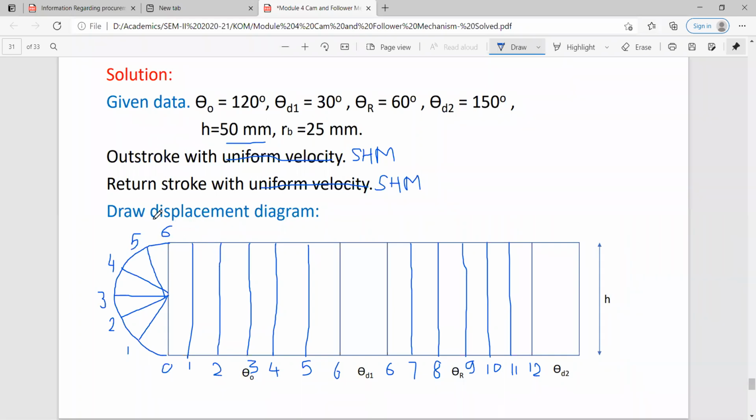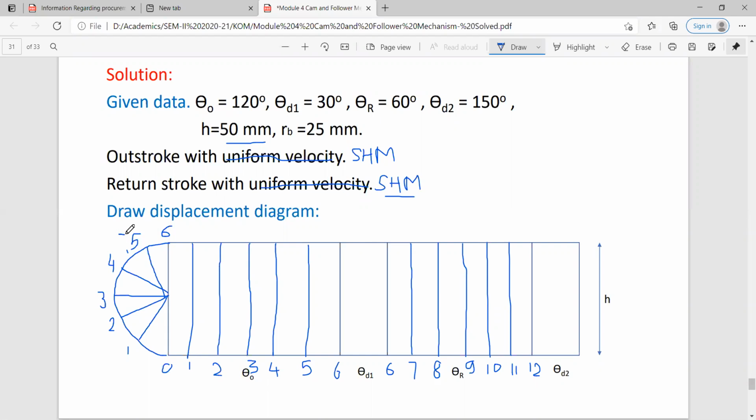Now in our case you will find that even in the return stroke there is simple harmonic motion. So for the return stroke also we have to draw the same semicircle, but as it is a return stroke, you have to start numbering from top to bottom. Okay, so 6 is at the top here, then after 6 you will number the 7.